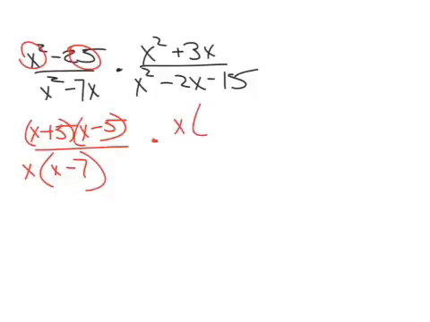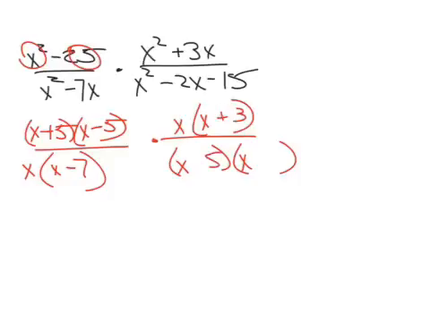We can factor out an x, and we're left with x plus 3. And that's over, we can simplify this into two binomials. Two numbers multiplied together give you negative 15, added together give you negative 2, and that's going to be a 5 and a 3, because 5 times 3 is 15.